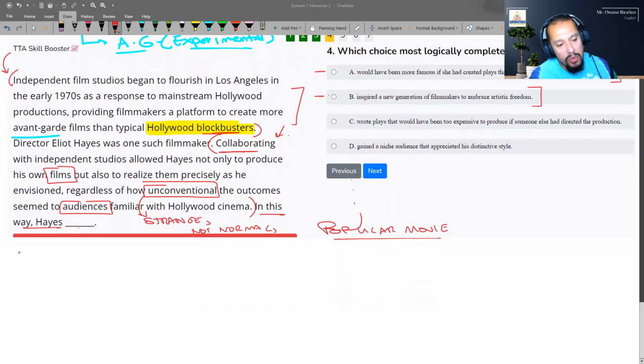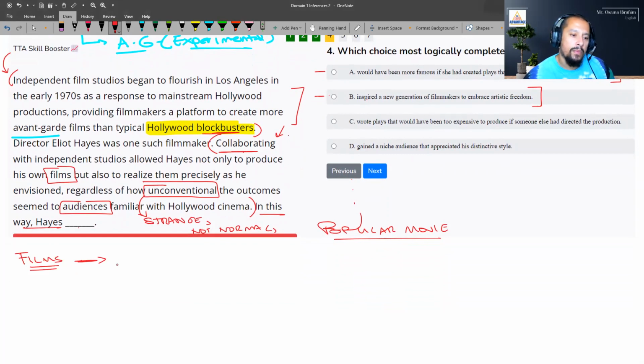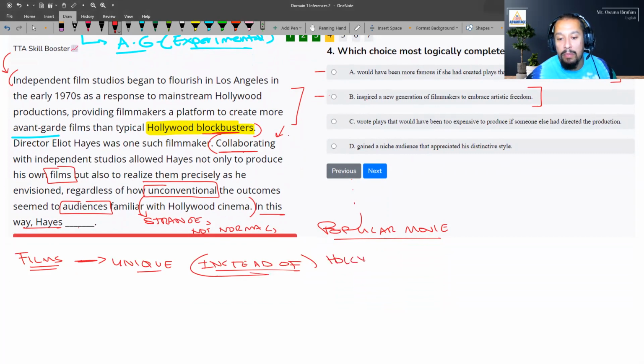So let me ask you, Sama, Elliot Hayes, what kind of films did she make? She did unique kind of films. Unique films, okay, instead of what? Instead of the regular ones. No, instead of Hollywood blockbusters. Okay.